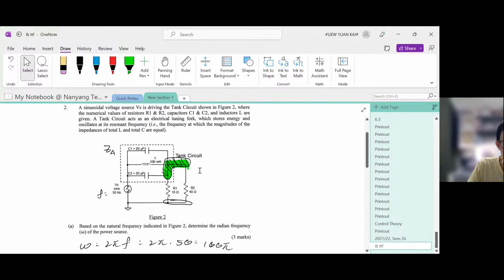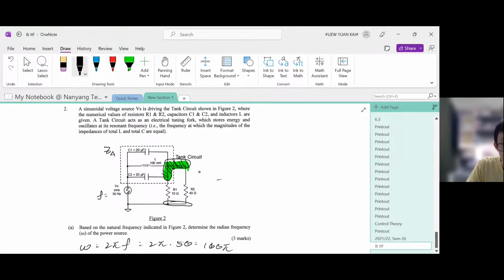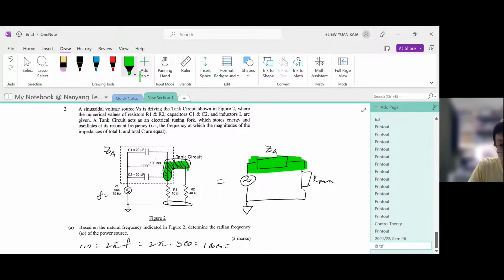So that means we can redraw this whole circuit as this. This is the voltage source. I lump this whole thing together as ZA, and this together as R para. These two are in series, because they're connected end to end in a serial fashion.